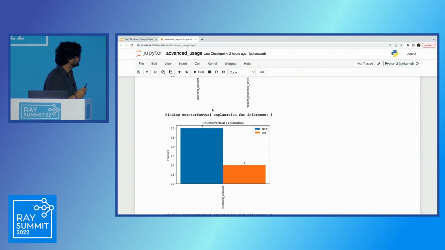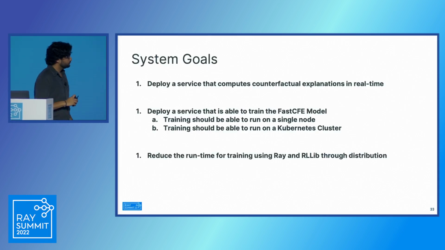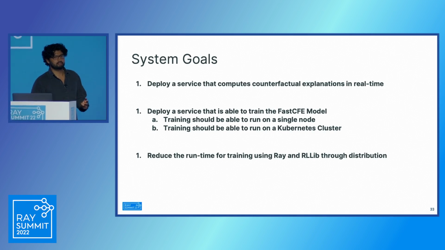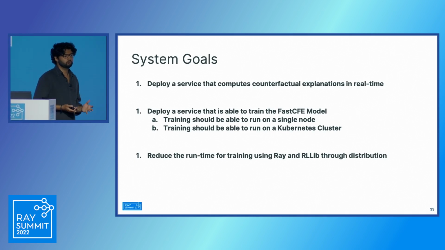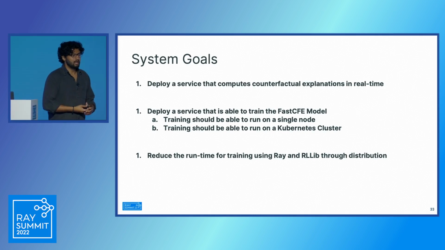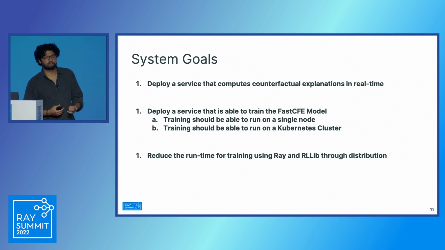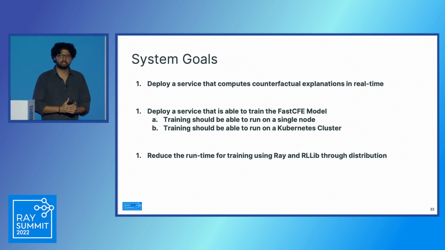Awesome. We had three major goals when trying to figure out what tool to use to deploy this algorithm. The first was to deploy a service that computes these counterfactual explanations in real time. In the Arthur platform, users send us their inference data, and we want to stand up a service in our backend that, when sent a new inference data point, can return that counterfactual explanation very fast.